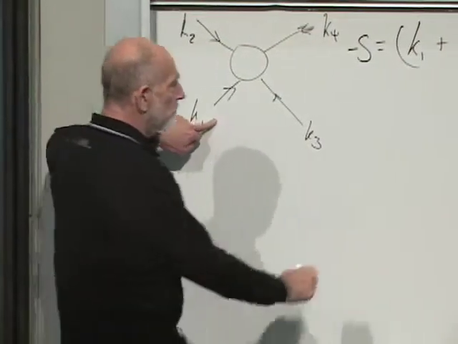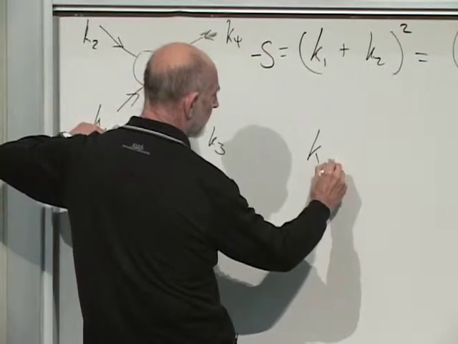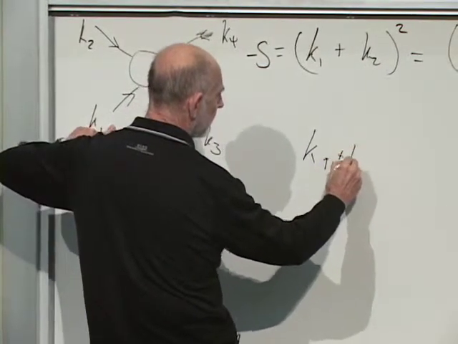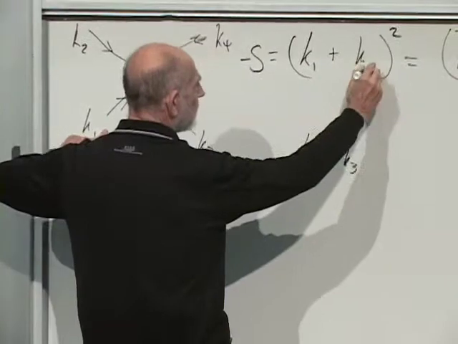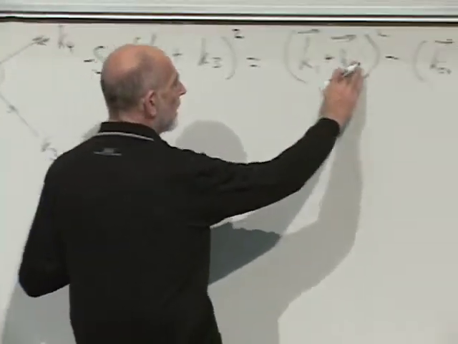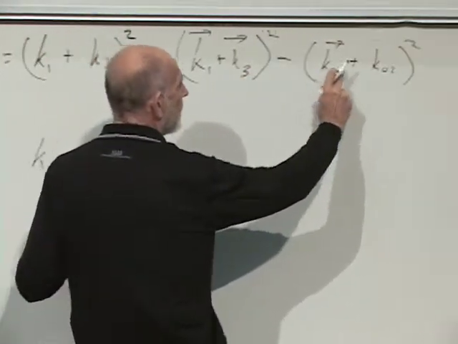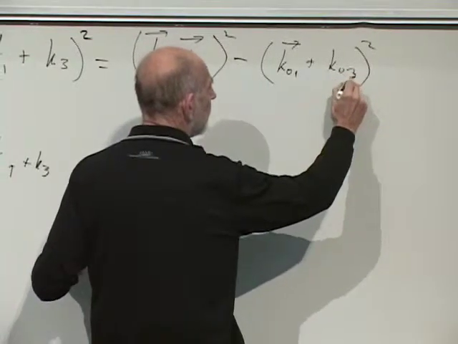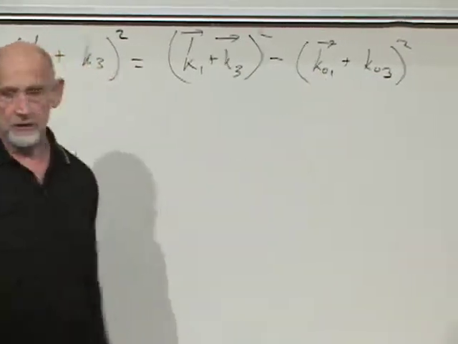So let's take K1 plus K3 squared. How about this? What is this in the center of mass frame?